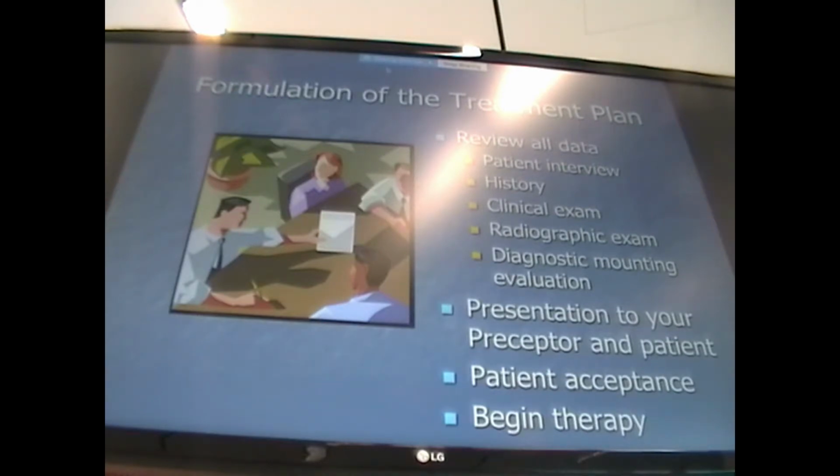Another important thing to remember, who's your patient? Does your patient have someone else that will be assisting in them making the decision? Do they have someone that wants to hear it? Worst thing that can happen is when you have a patient go home and then tells their significant other what you said. We all played that little game when we sat around in a circle, we told the story.